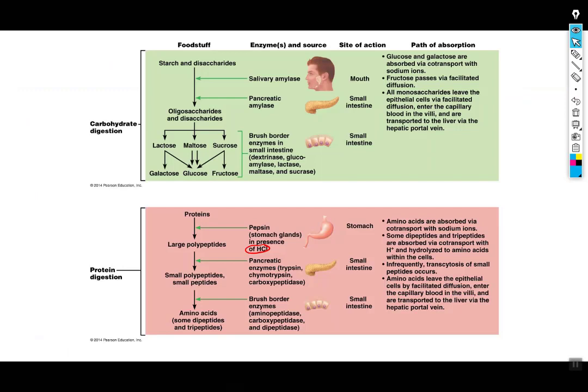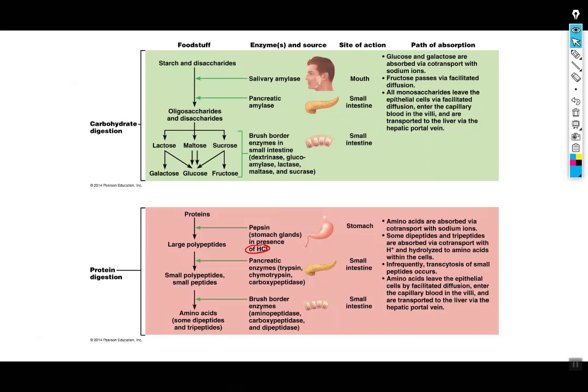So these are nice little summary cards that show you the differences between carbohydrate digestion, protein digestion, and other particular macromolecules, basically. So what we're doing when we eat is we're consuming useful polymers that we break down into monomers or dimers, and then use those monomers or dimers to rebuild our own polymers.